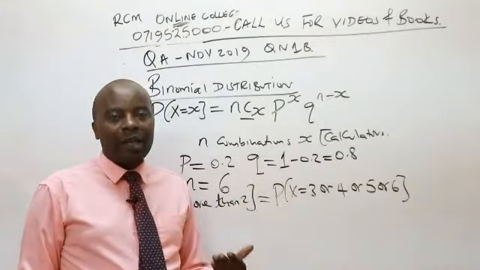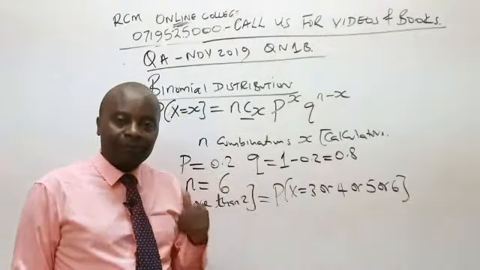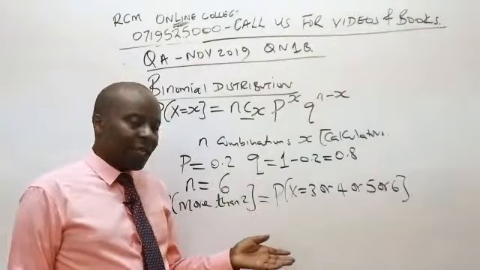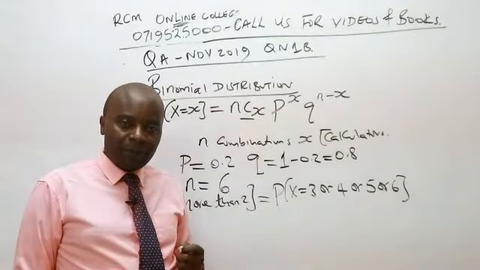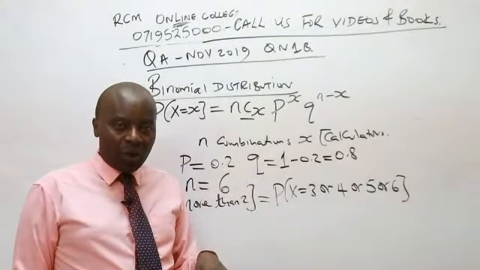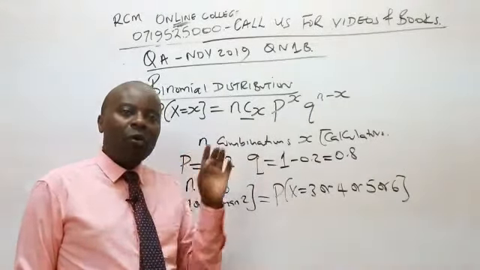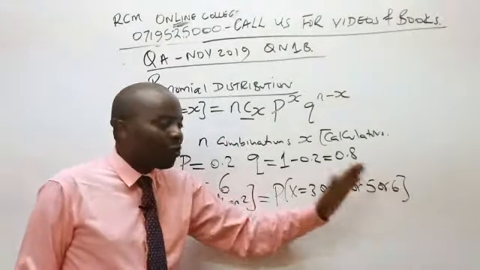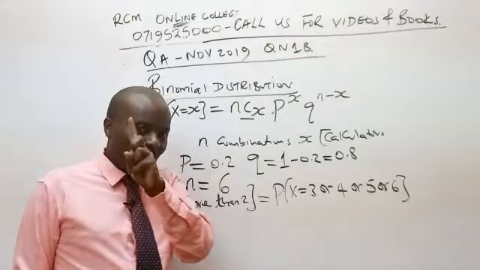Now, ladies and gentlemen, using this concept of mutually exhaustive events, if you look at all the possible outcomes that we have, there is that scenario that we may not get any consultant being absent: probability of X being equal to 0. Then probability of X being equal to 1, then probability of X being equal to 2, and all these events. If they are collectively exhaustive, we expect that when you add all those events, from probability of X equals 0 all the way to probability of X equals 6, they sum up to 1.